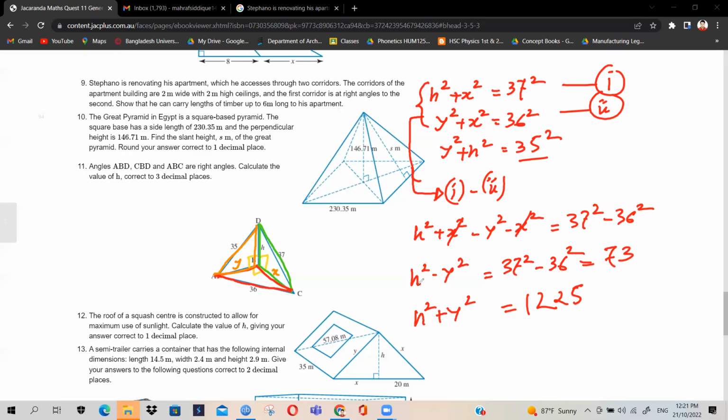Now if we add these two equations, the minus y squared and plus y squared will cancel each other out. So we will have 2h squared equals 1225 plus 73, and afterwards you can calculate the value for h. Very interesting math as well.